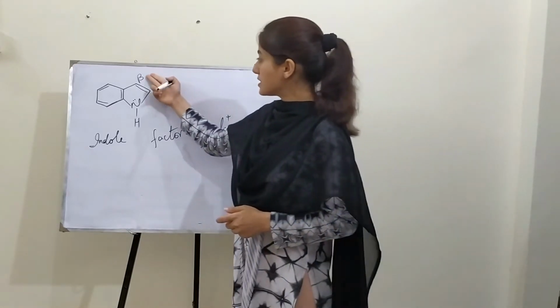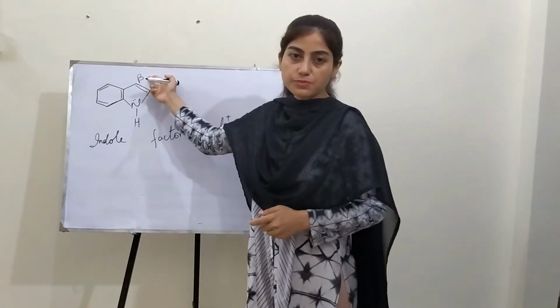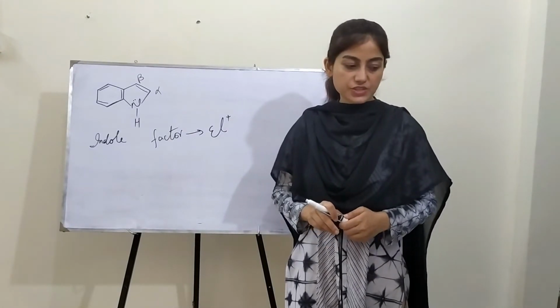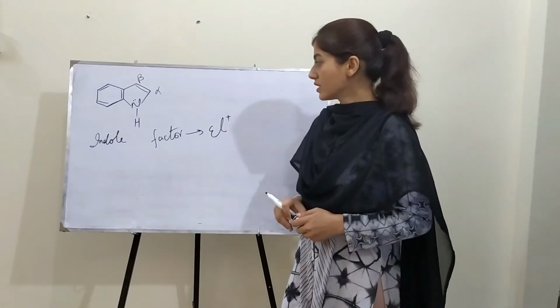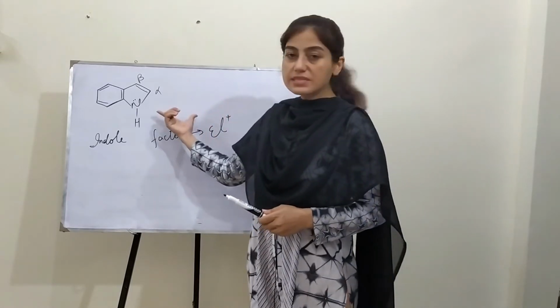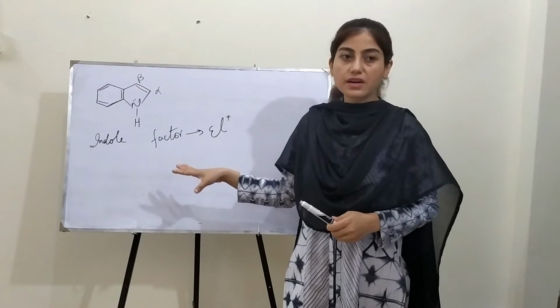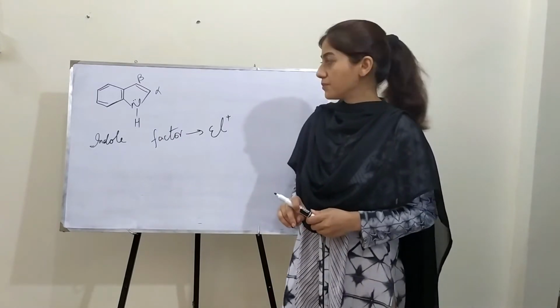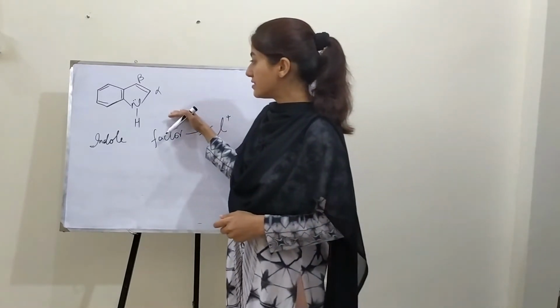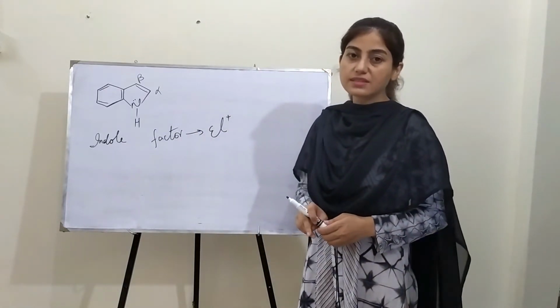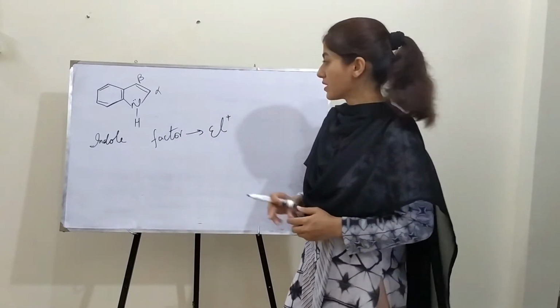But the beta position is the most preferred one towards electrophilic substitution reactions. So in these one or two sentences, all the questions are covered, but in detail we have to prove our statement, how it happens.